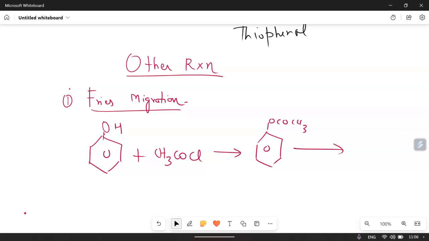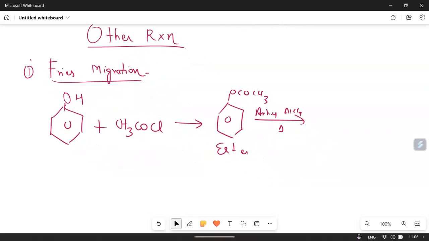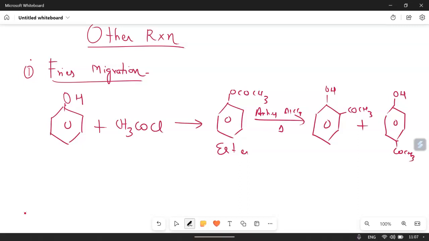Then we will further heat it in the presence of anhydrous AlCl3. It will give ortho and para acyl phenols. So we have ortho and para. You can write down the name, whatever I am saying. Ortho and para acyl phenols, COCH3. These are known as ortho and para acyl phenols.